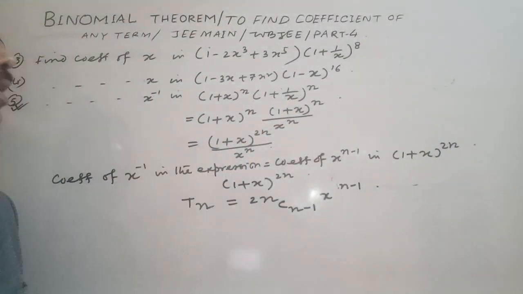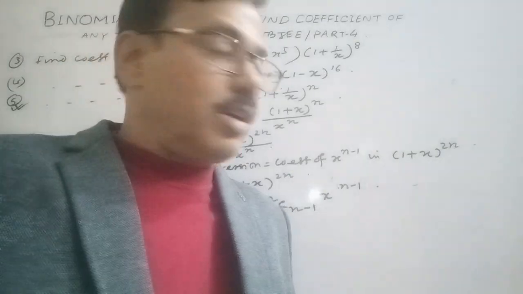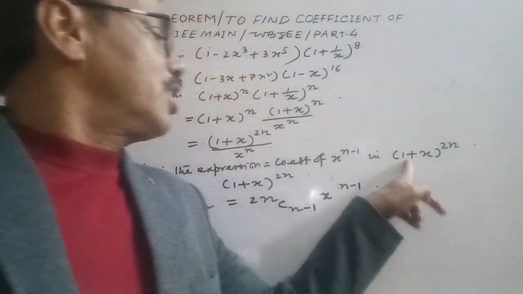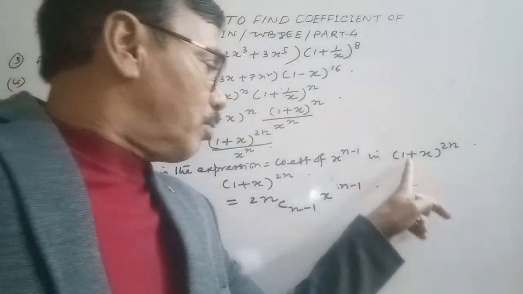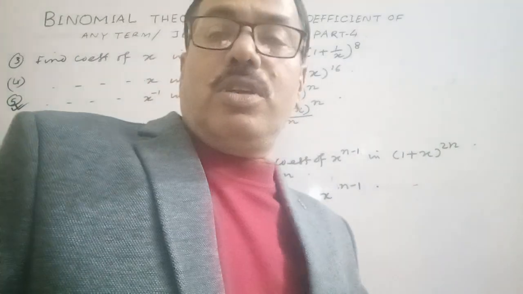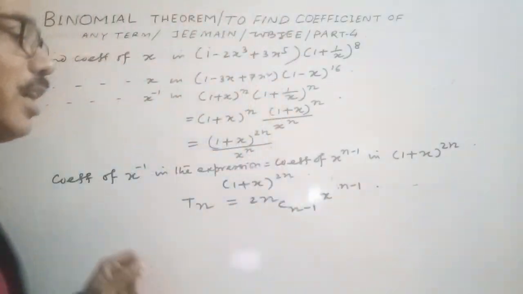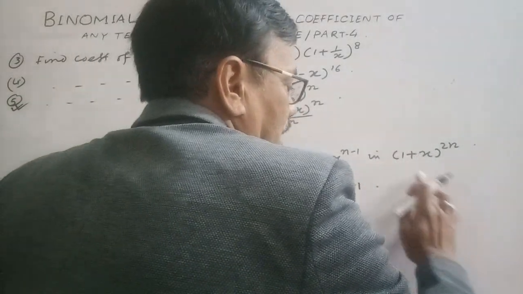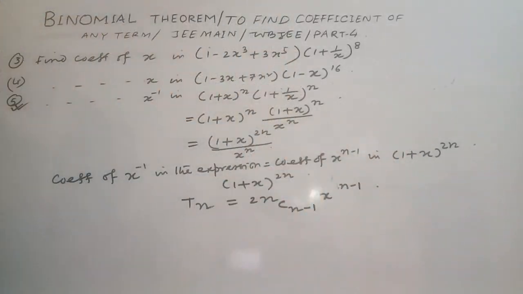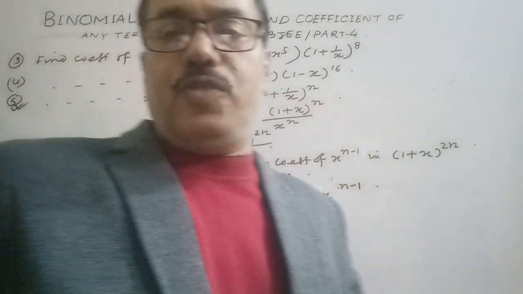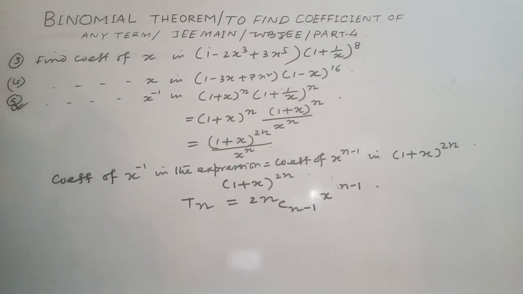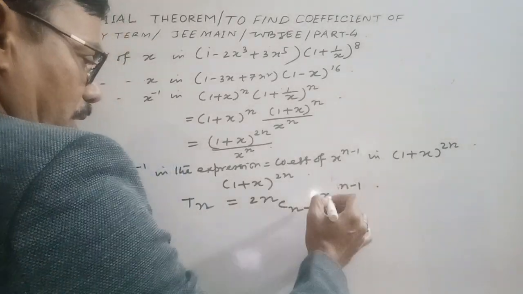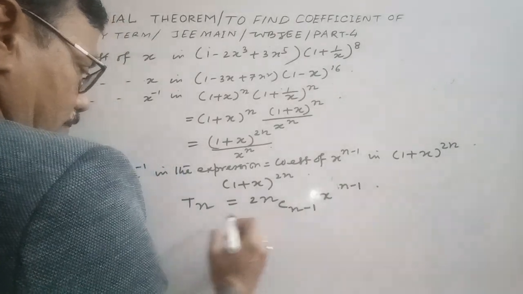For the previous problem, we used the general method, because first term contains x and second also involves x. But here first term is 1, second term is x. That is why we are not using the general method. Now, what is coefficient of x to the power n minus 1?